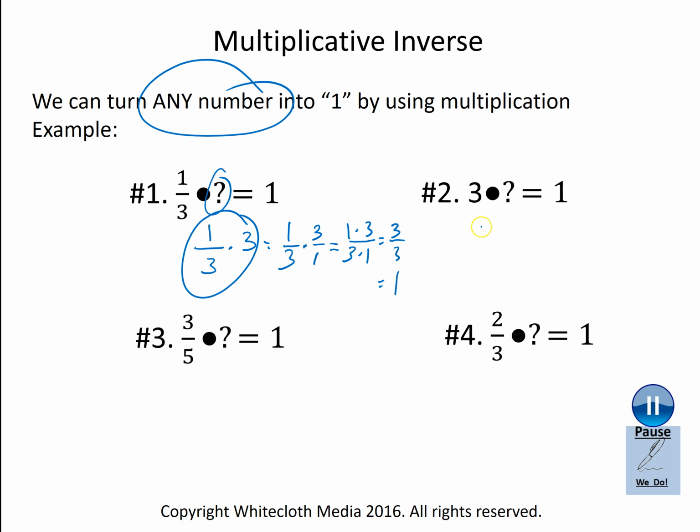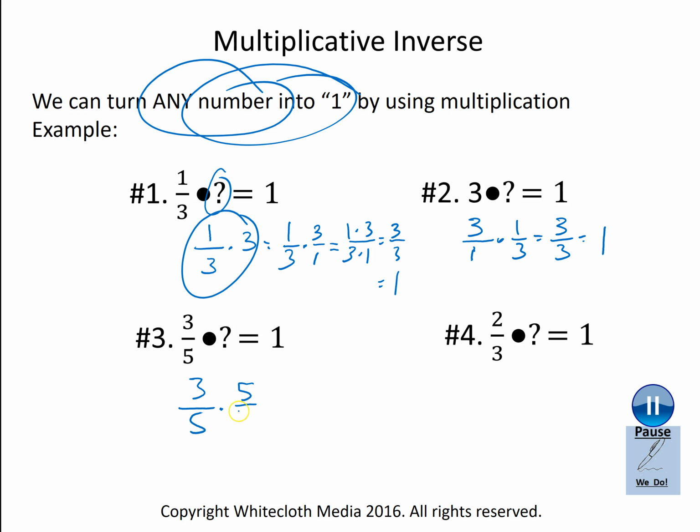Well, the opposite of that is true. 3 divided by 1 times 1/3 gives me 3 divided by 3, which gives me 1. So again, I can multiply and change any number to 1. So 3/5 times, what do you think? 5 divided by 3 gives me 15 divided by 15, which gives me 1, because it's 3 times 5 and 5 times 3, which gives me 15 over 15, or 1.